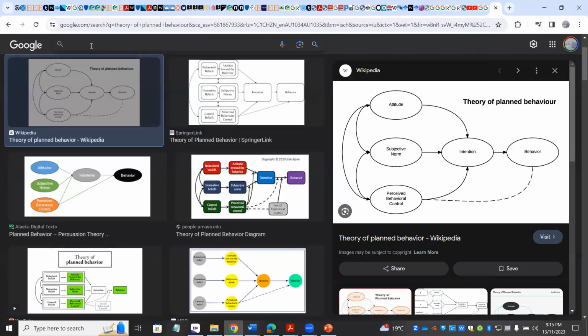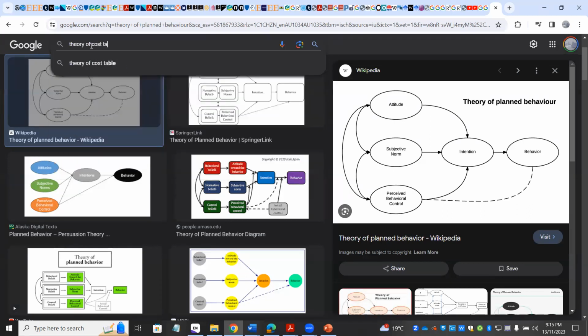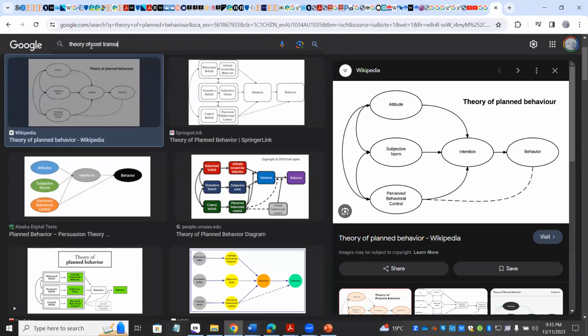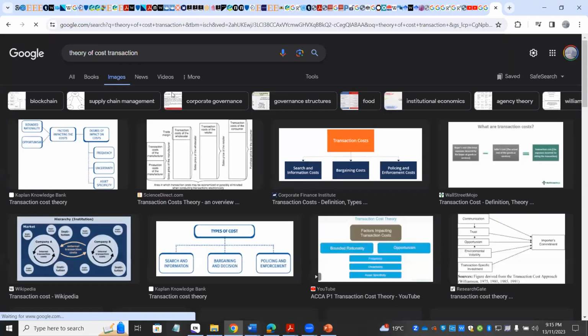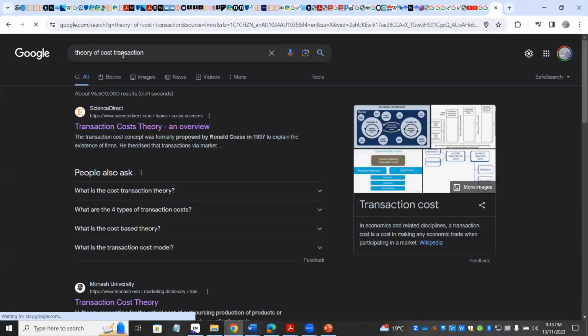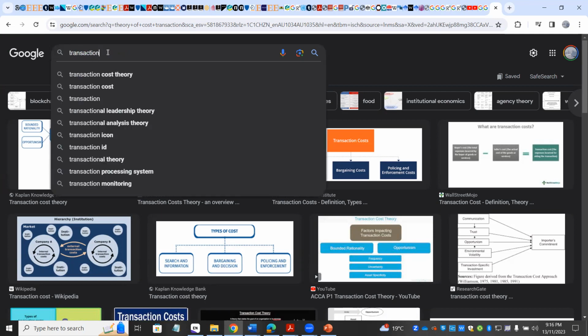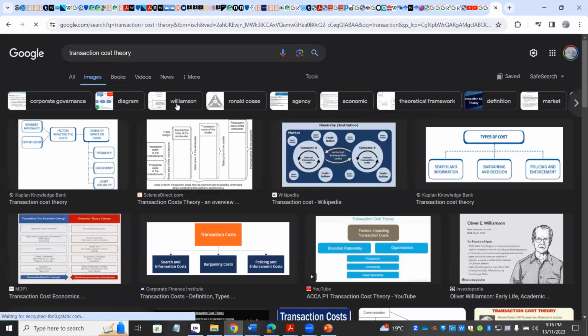Then we have a theory of something like transaction cost, especially for those of you who are QS, who are into project cost management. So the transaction cost theory. With the transaction cost theory too, you can use the components of these theories.